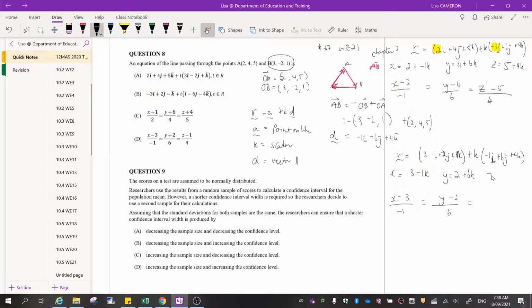And z equals 1 plus 4k, so z minus 1 over 4. That matches D, so that's our answer.